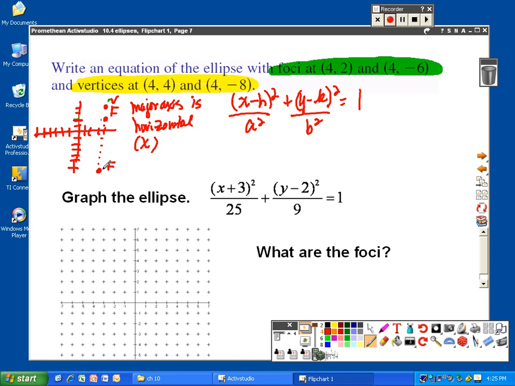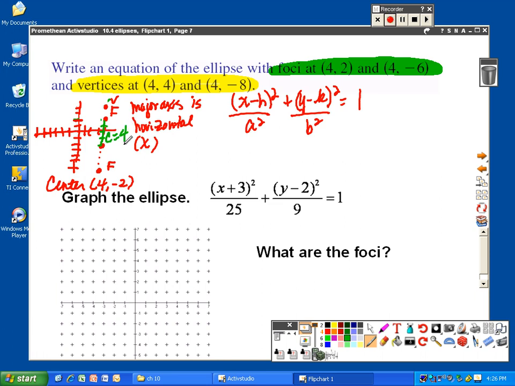So here'd be 1, 2, 3, 4 would be my center. So my center is at 4, negative 2. And that makes my C value this. 1, 2, 3, 4. So C is 4.